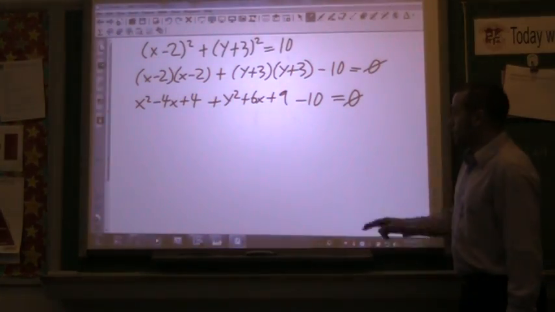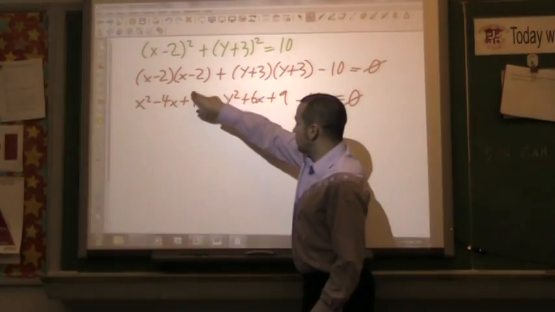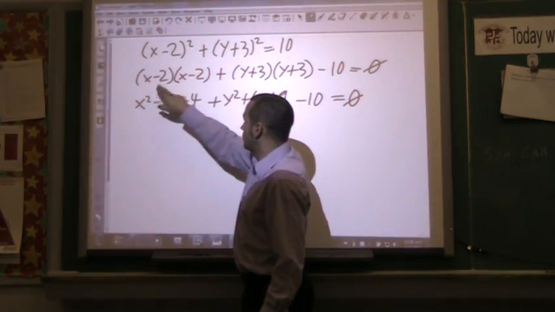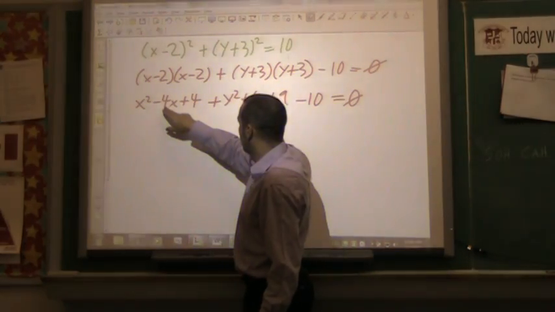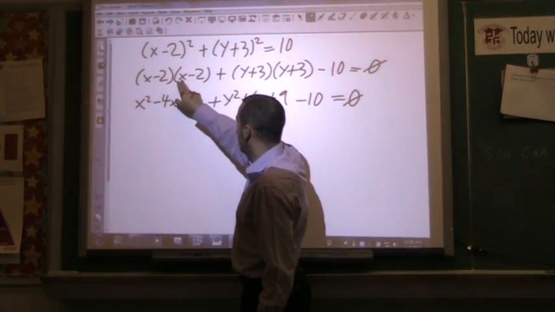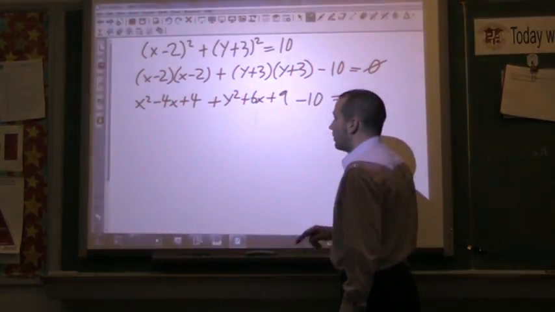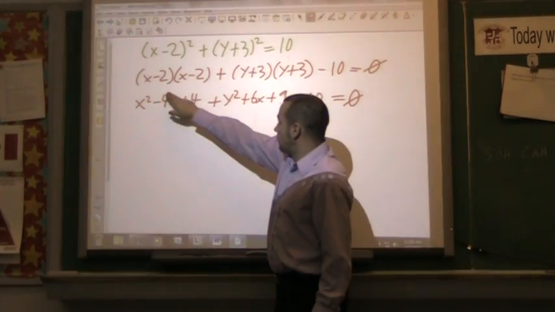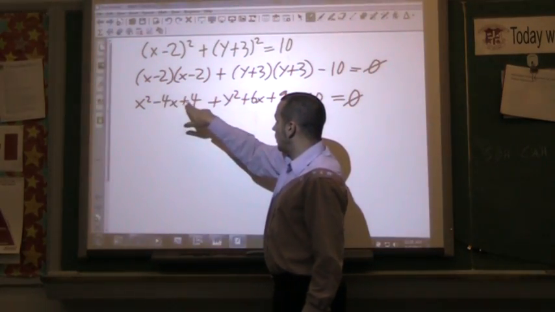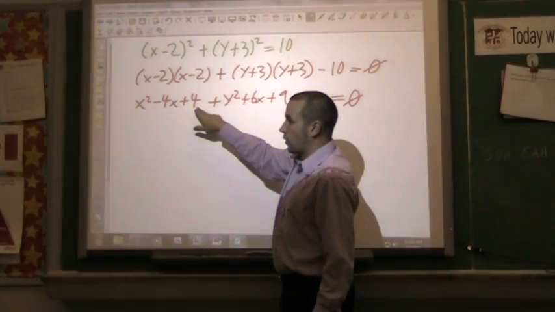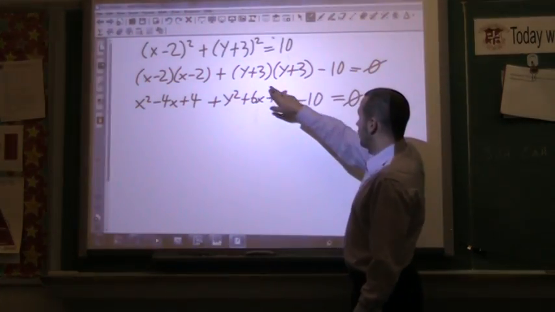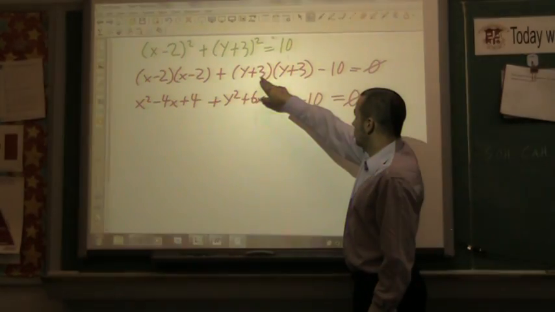If you're wondering how I skipped from this straight to this without going x times x is x squared, x times -2 is -2x, -2x times x is -2x, and -2 times -2 is 4. And this middle number is always double this value, and the end number is always this number squared. Over here, double 3 is 6. 3 squared is 9.